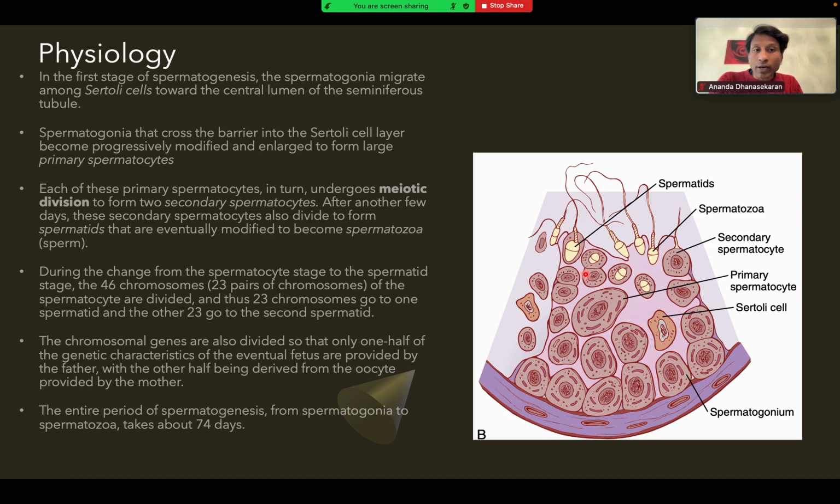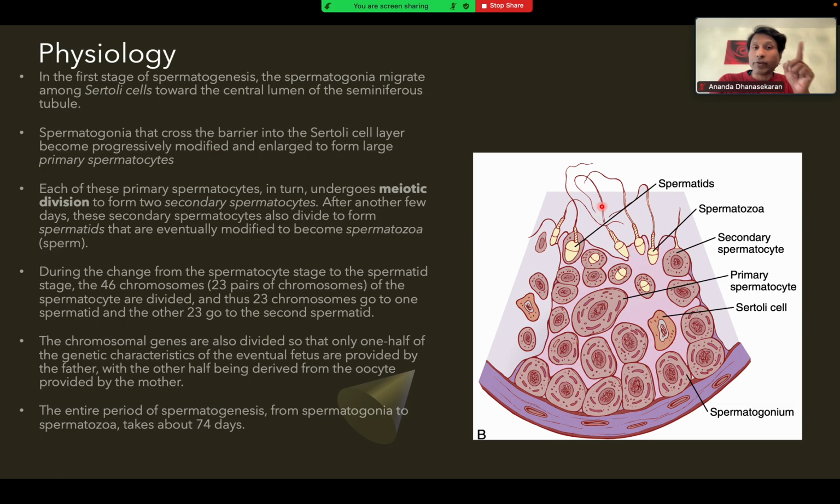So only one half is from the father, and the oocyte provided by the mother gives the other half of the chromosomes. The entire period of the growth of the sperms from spermatogonia to spermatozoa takes 74 days. So almost 2 months it takes for the sperms to form.